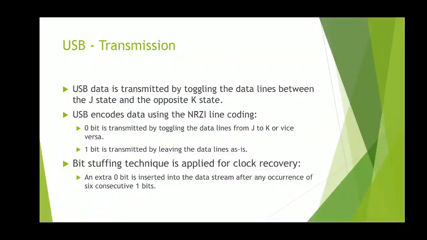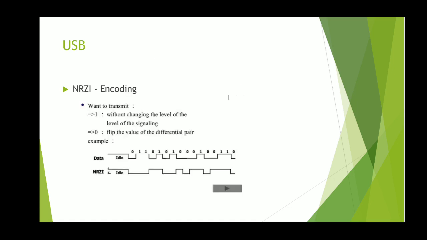Now let us go through the USB transmission. The USB data is transmitted by toggling the data lines between J state and the opposite K state. The J state and the K state can be represented by the voltage level in the D plus and D minus lines of the USB cable.